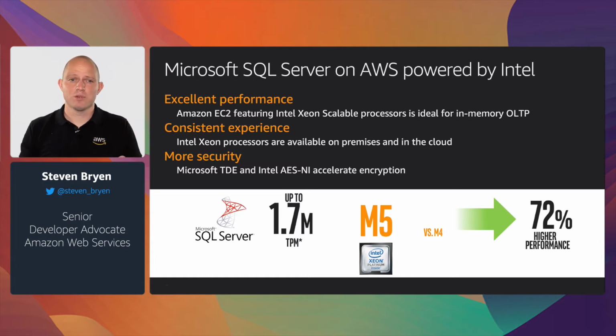In addition, that Xeon processor brings a ton of additional security capabilities that are embedded into the Intel processor as well. So tons of performance, and a lot of that powered by our partnership with Intel and the capabilities they're able to provide to optimize for in-memory OLTP and other offerings and capabilities and features that are available from SQL Server.